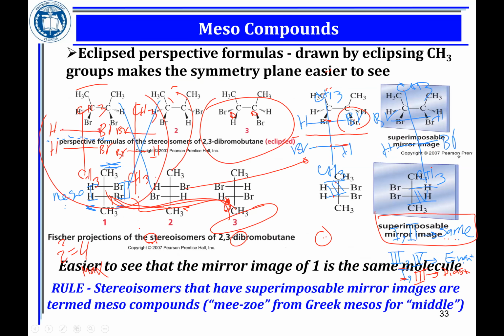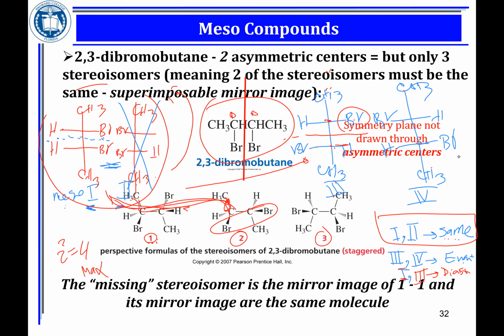I'm sorry, Professor. I'm still a little confused as to why 1 and 2 are the same and not just enantiomers. Because they look like mirror images. They do look like it, but there is a plane of symmetry here. If there is an internal plane of symmetry, that compound is called a meso compound.